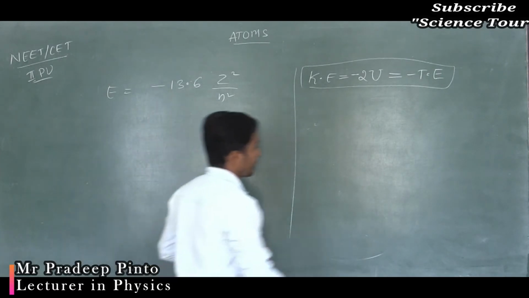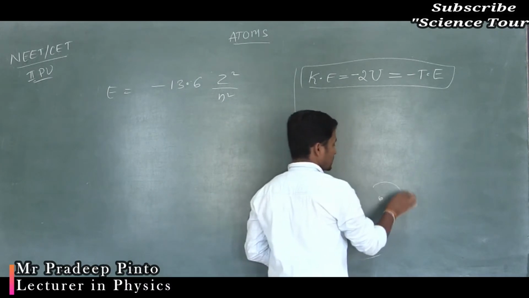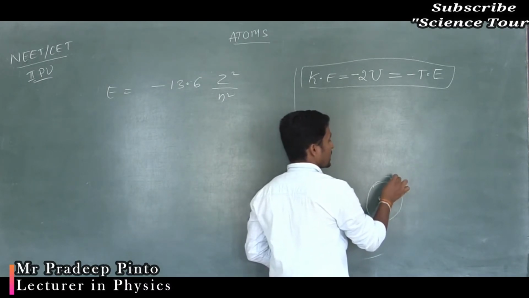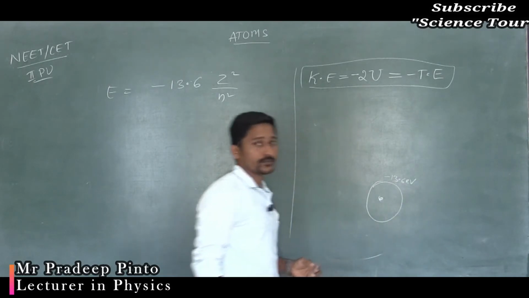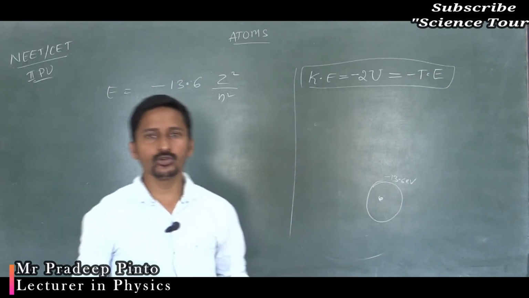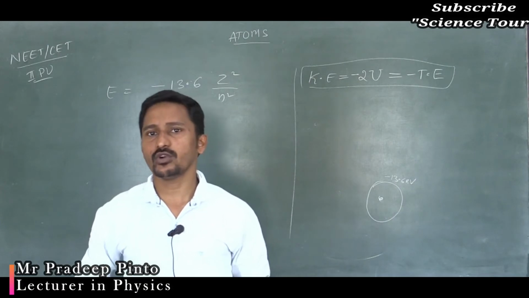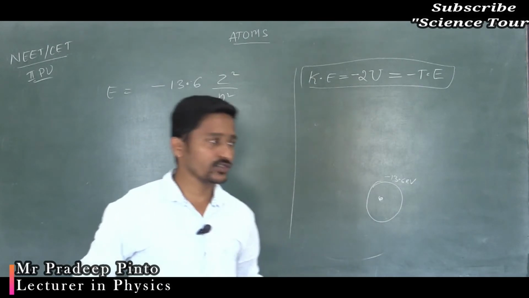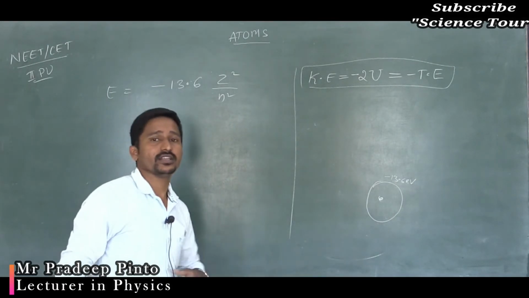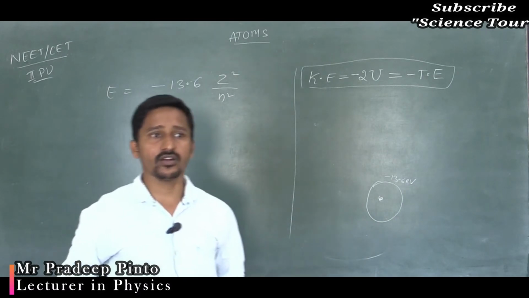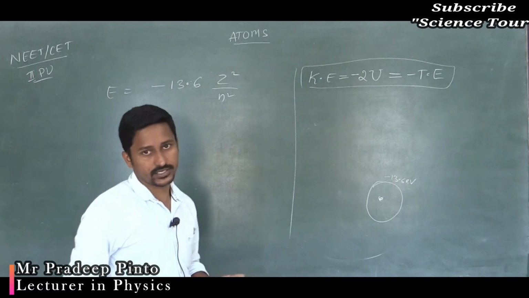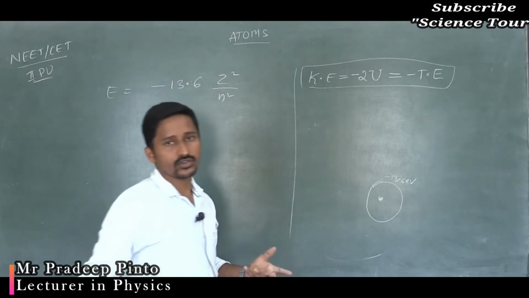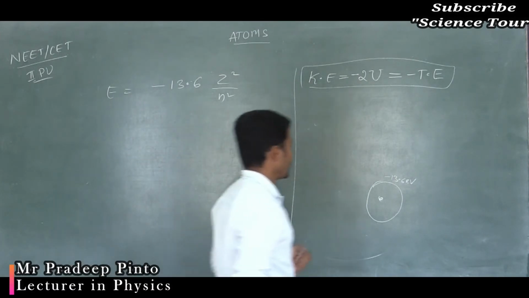That means the electron in hydrogen's first orbit has minus 13.6 electron volt of energy. I hope you know how to convert electron volt to joules, dividing by 1.6 into 10 to the power minus 19. We already discussed that in electrostatics, and you should know the relation.